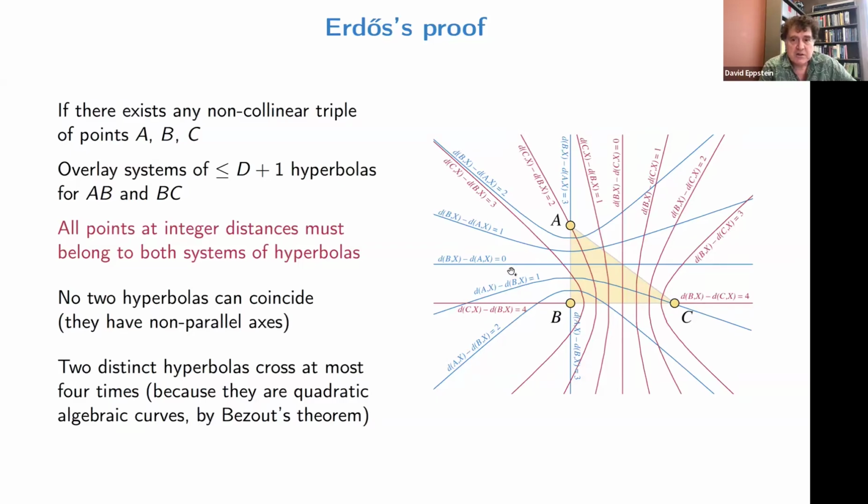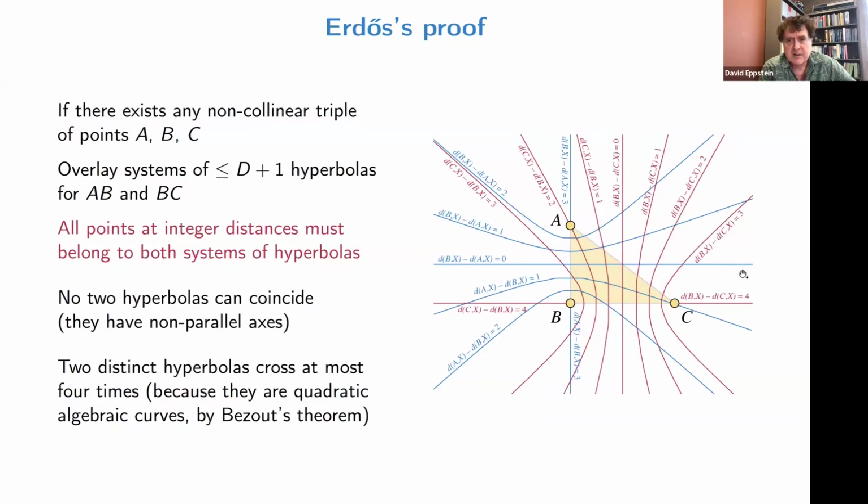Now, it turns out that no two of these hyperbolas can coincide. The actual hyperbolas, the non-degenerate ones, have different axes. We have this horizontal axis for the red hyperbolas and this blue reflection axis for the blue hyperbolas. You have to be a little bit careful of the degenerate hyperbolas, but it turns out they can't coincide either.